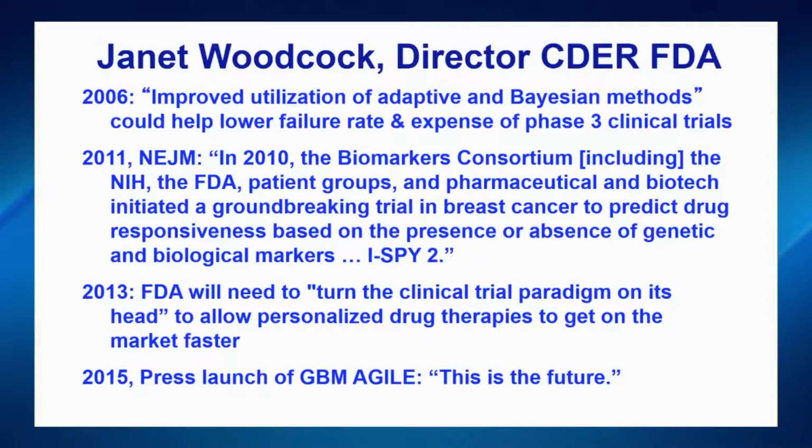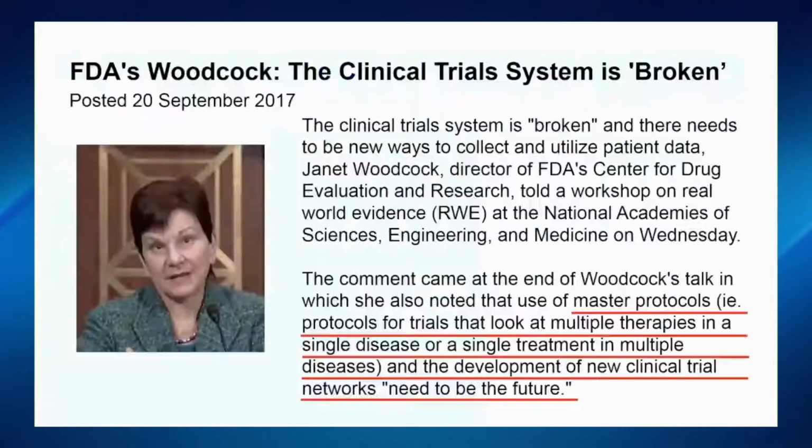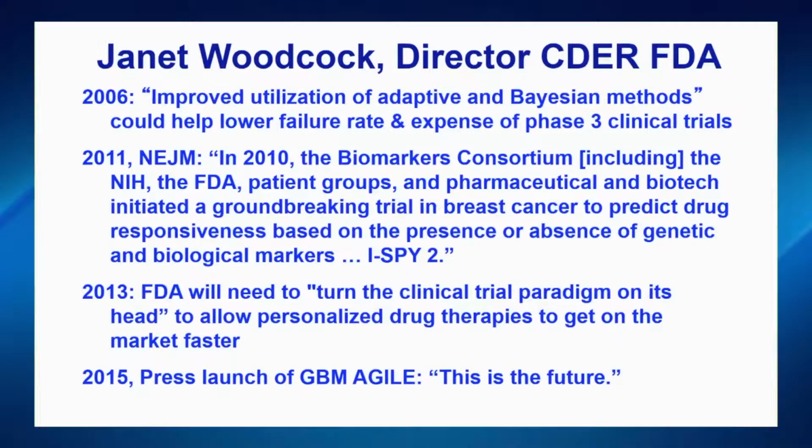I should have given you some more. In the New England Journal, she touted I-SPY 2, the innovative groundbreaking trial in breast cancer to predict drug responsiveness based on the presence or absence of genetic and biological markers.